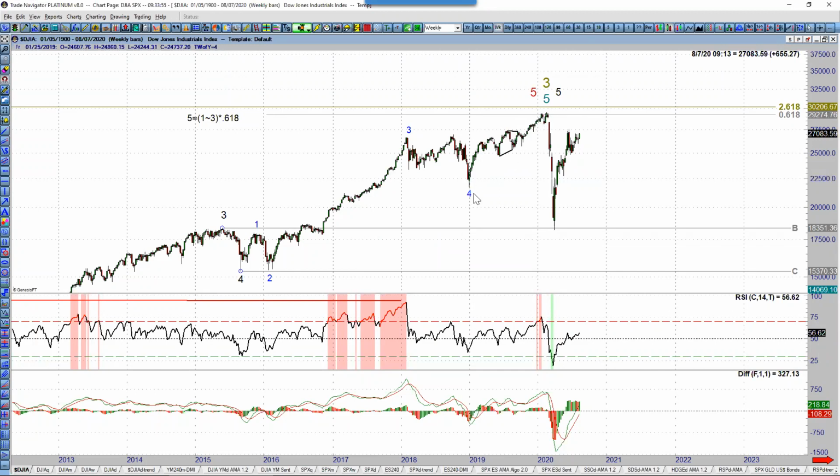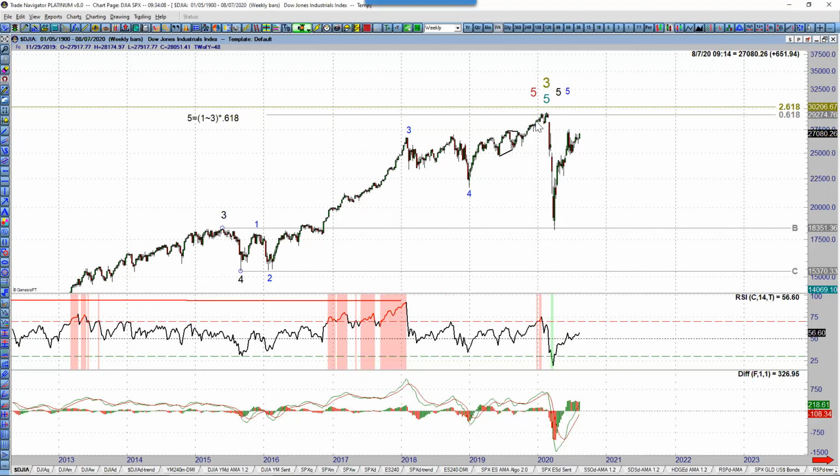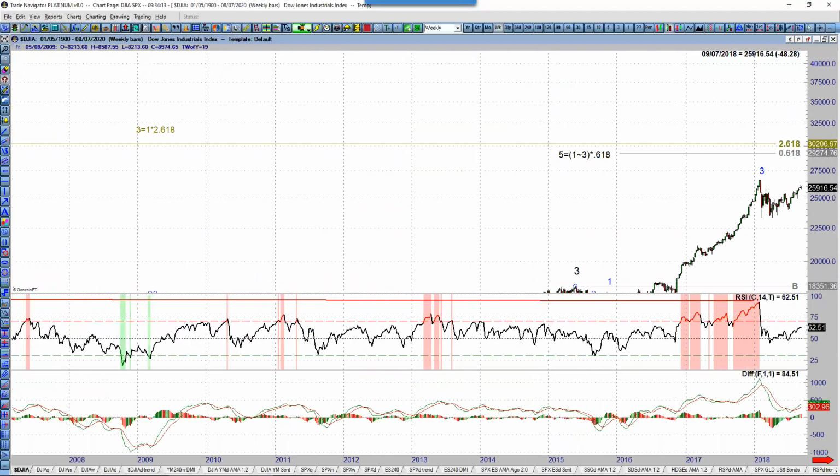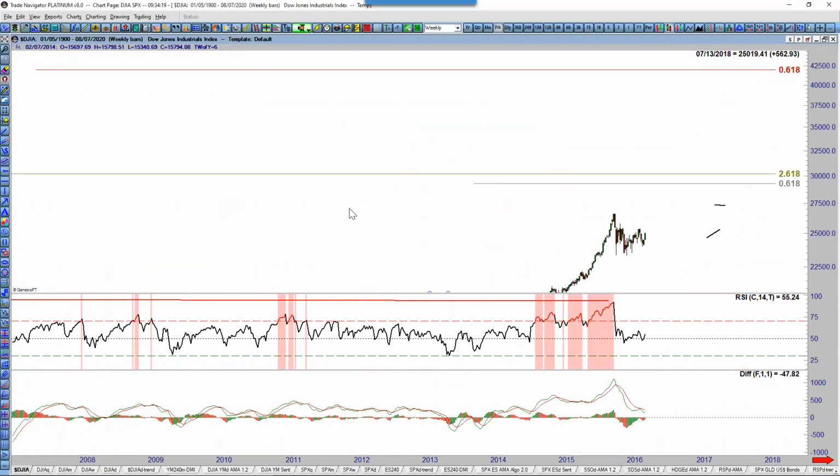Okay, and so now we're going to start dealing with a main count and an alternate count. The items that support the February high as a really large Fibonacci high are 2 large degree Fibonacci targets right there.